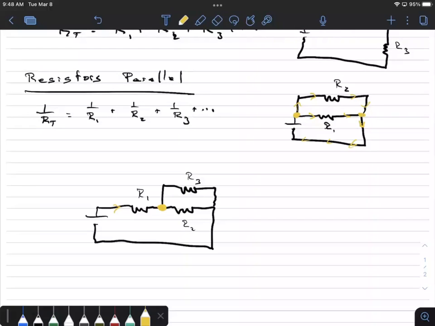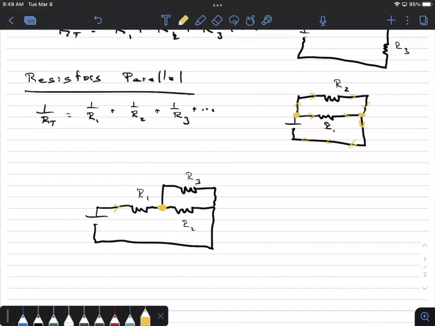However, what's important is no electron is forced to go from R1 to R2. If you give me a random electron and ask where it's going to go, I don't know. So I can't say R1 and R2 are in series, because I can't tell you for sure that if an electron goes through R1, it will definitely go through R2, because maybe it goes through R3 instead.